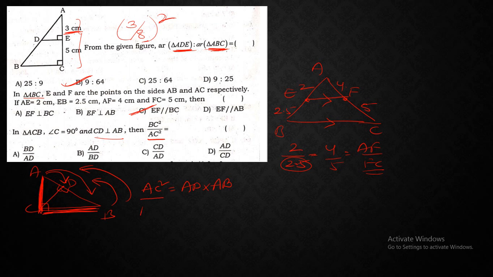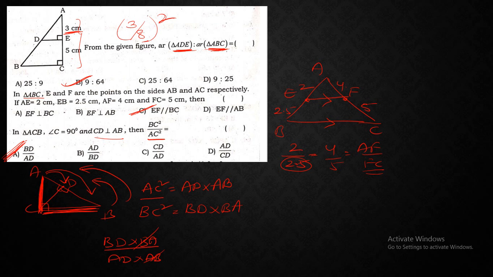Now since I want the ratio of these two, I can write BD into BA by AD into AB. So AB gets cancelled. Answer is BD by AD.